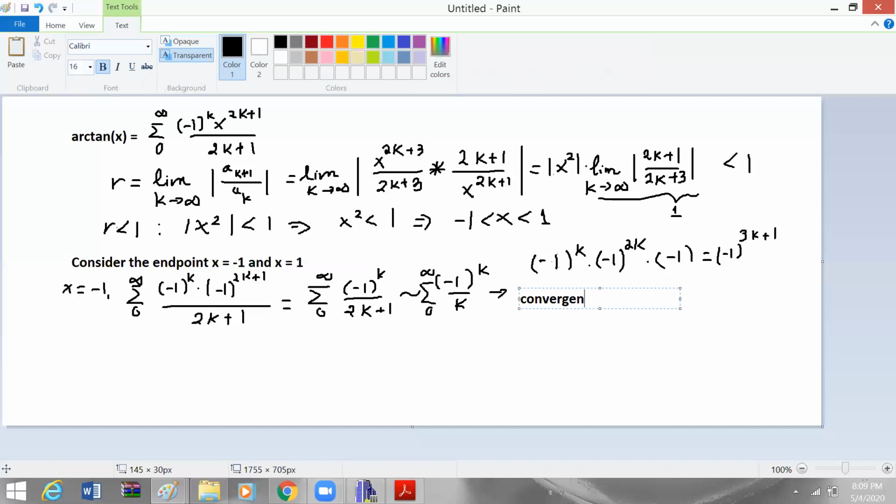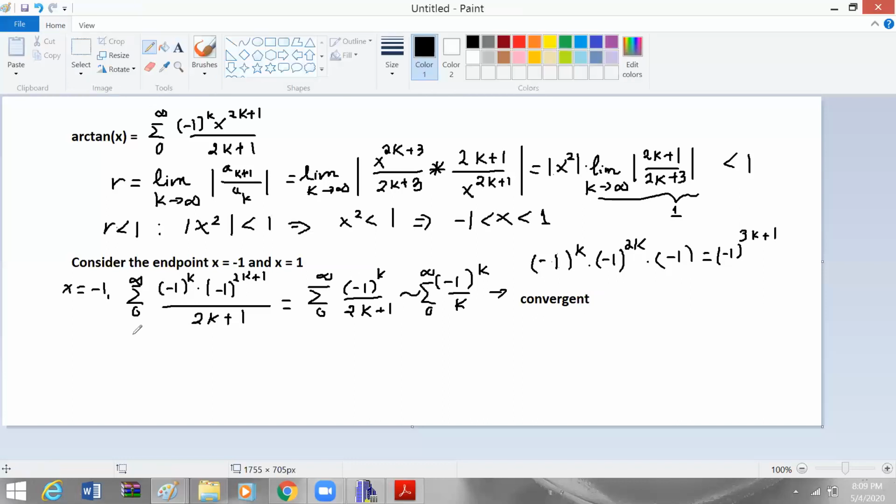Okay, convergence. Similarly, we have x equal to +1, where we're going to have a series from 0 to infinity, and we have (-1)^k multiplied by 1^(2k+1).